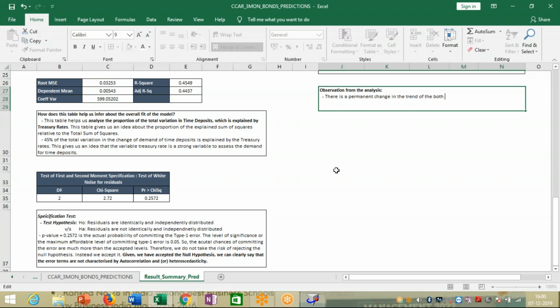There is a permanent change in the trend and the treasury rate variable.